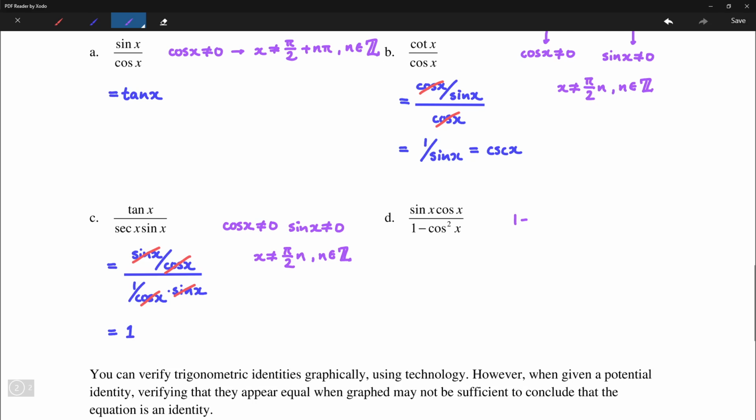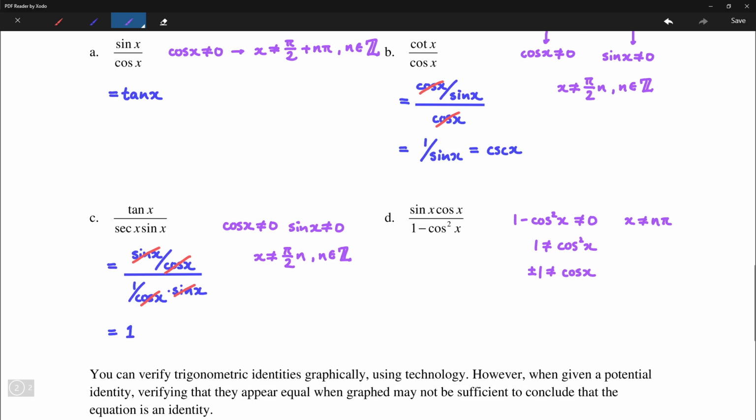We have 1 minus cosine square x cannot be equal to 0, which means 1 cannot be equal to cosine square x, which means if we square root both sides, then cosine x cannot be equal to positive or negative 1, which means x cannot be equal to integer multiples of pi.